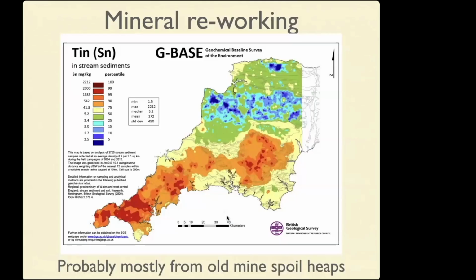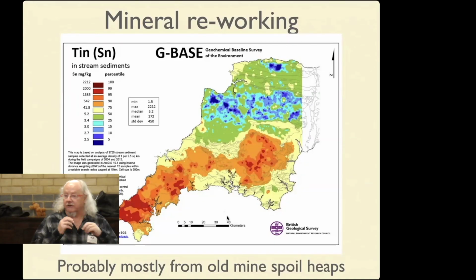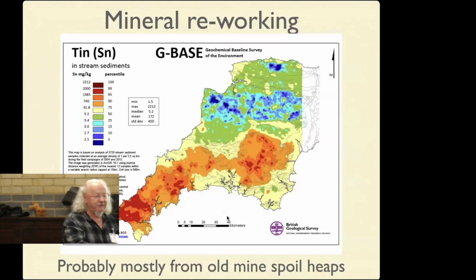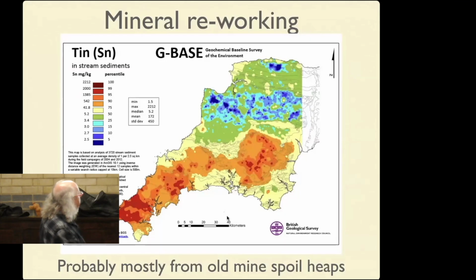This is an interesting map. It's a BGS thing and it's in stream sediment. So what they've done is they've sampled the sediment in the streams all over the West Country. And this is the concentration of tin in those streams. And as you can see, there's still quite a lot of it down there.